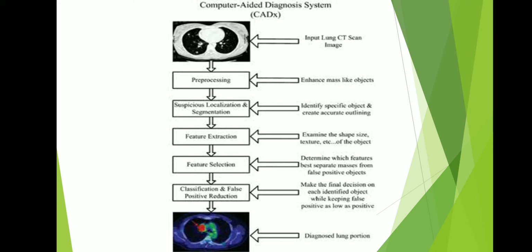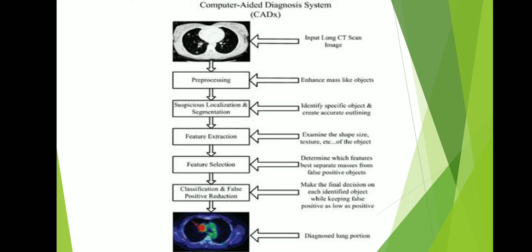CAD-E will perform its work first of all, that is converting the low energy or low contrast images into high resolution images, so that the computer system can easily identify those particular areas. That is the pre-processing method.